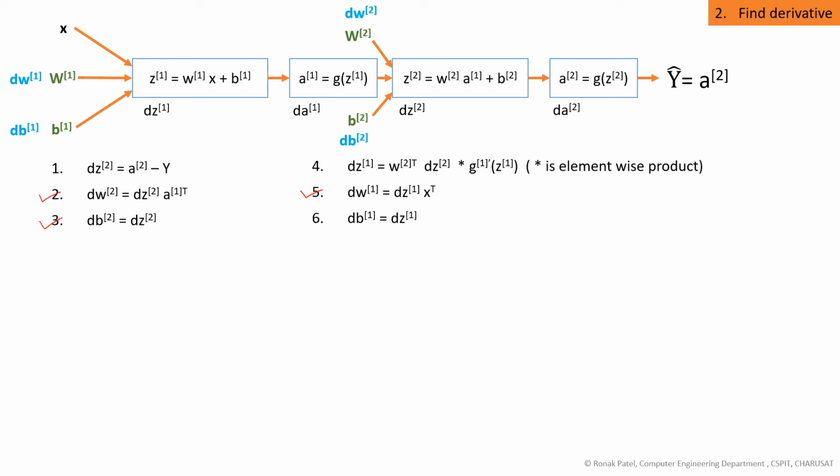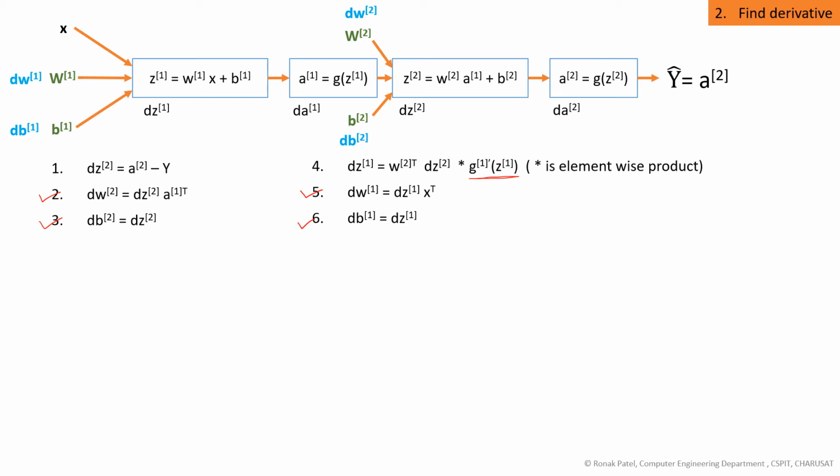And this is the derivative of the activation, which is at layer 1. Next is db1, that is your dz1. How we get these equations, we have seen in the previous video. If you are not getting this, then I request you to see that video.